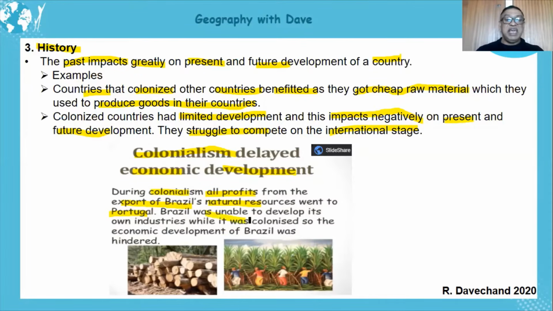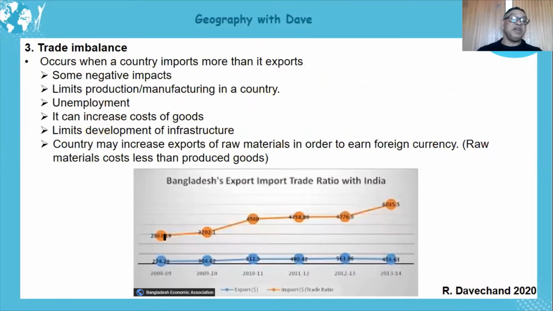Brazil was unable to develop its own industries while it was colonized. It was restricted because everything was happening in Portugal. So the economic development of Brazil was hindered. Can you see what colonialism actually did in those years to the economic development of some countries, while the others benefited? So it's another factor that affects development.